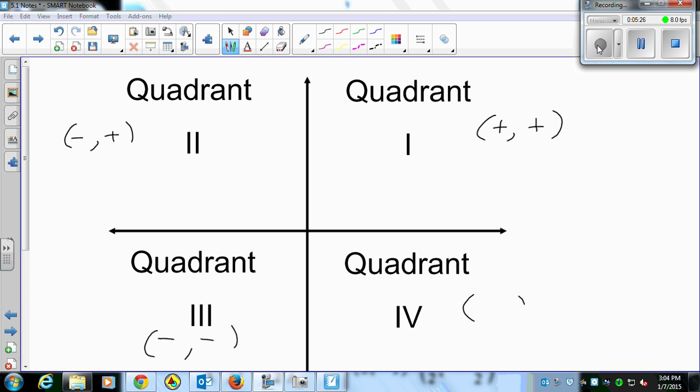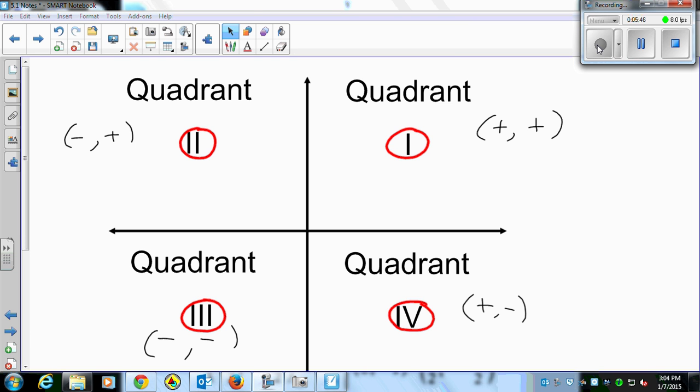And quadrant 4 is a positive x and a negative y value. These quadrants are going to be very important throughout our semester, so make sure you understand them. Notice that quadrants are numbered with Roman numerals, and that's pretty specific and standardized.